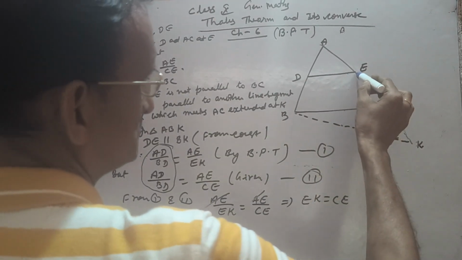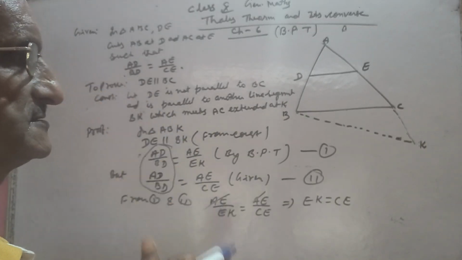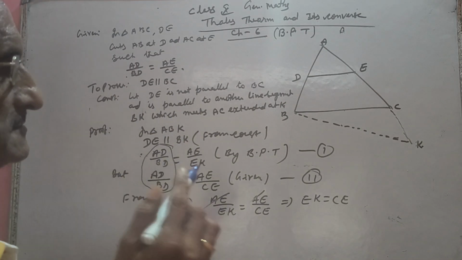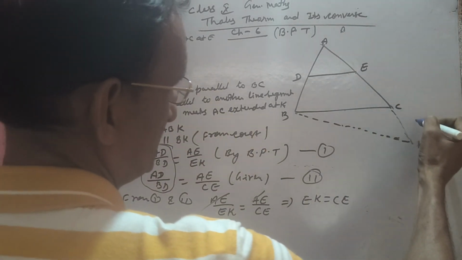Now see here, EK equal to CE is not possible. You know why? Because CE is a part of EK, and a part is always smaller than the whole. But we are getting EK equal to CE.